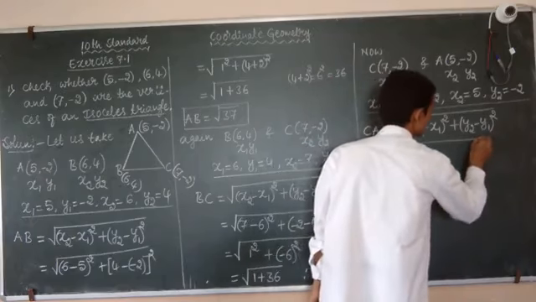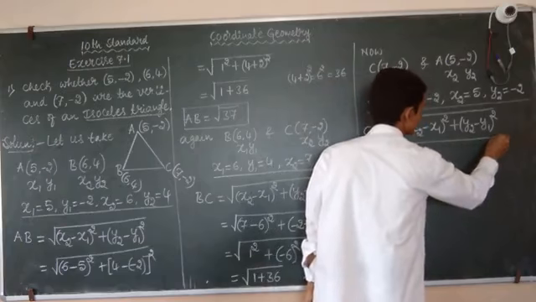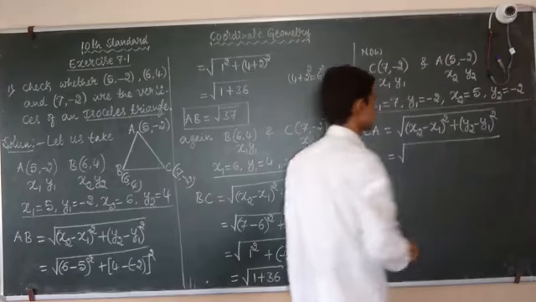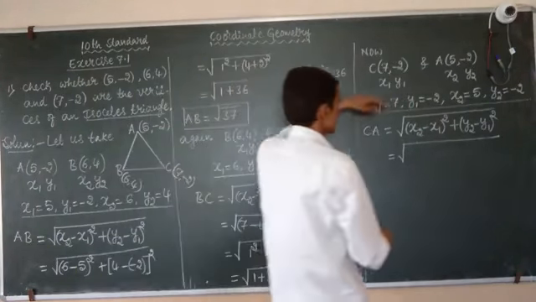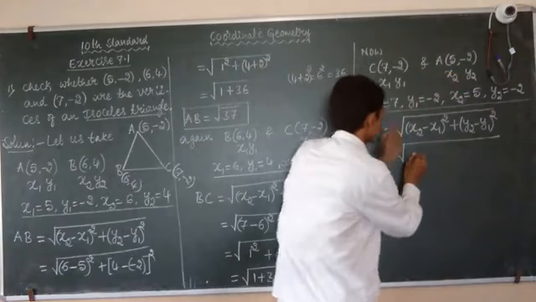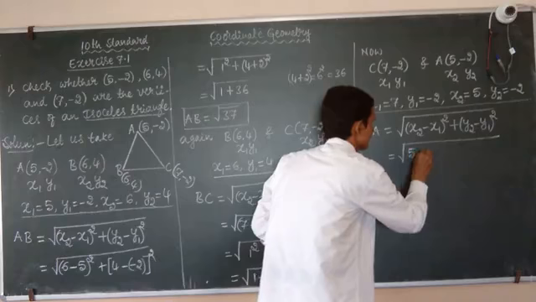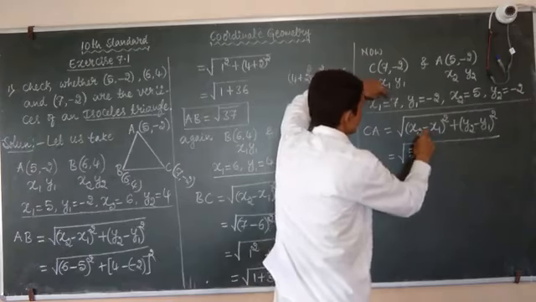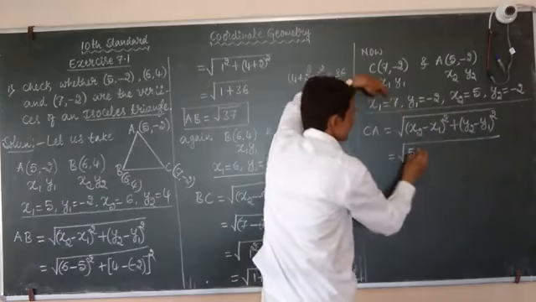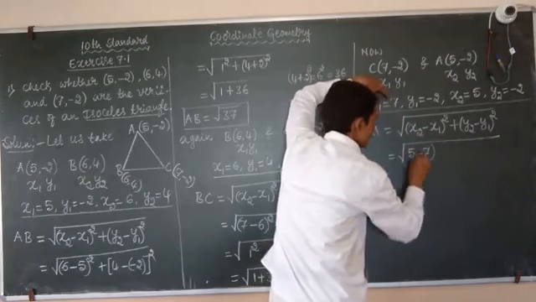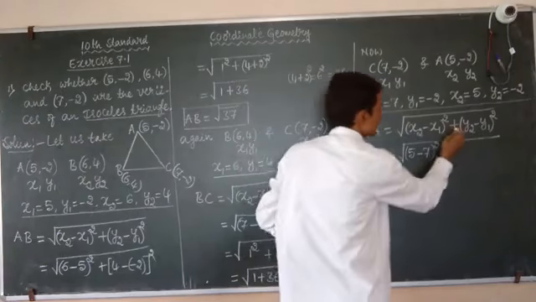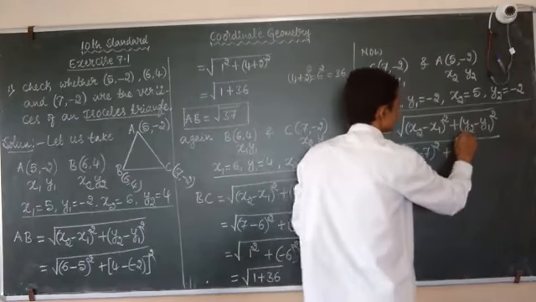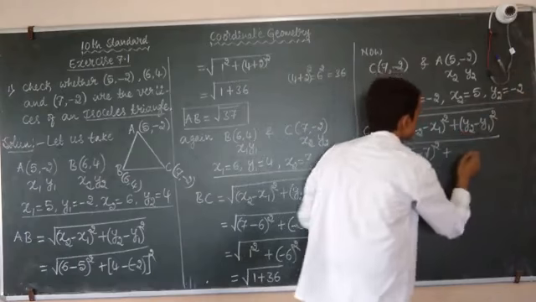Don't get confused. ಅದರ ಬೆಲೆಗಳನ್ನು ಸರಿಯಾಗಿ ಅದರಲ್ಲಿ ಆದೇಶ ಮಾಡಿ. So x2 ಇಲ್ಲಿದೆ ನೋಡಿ, 5 minus x1, it is 7. So 5 minus 7 whole square plus y2, which is minus 2.